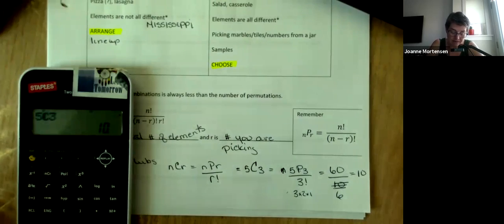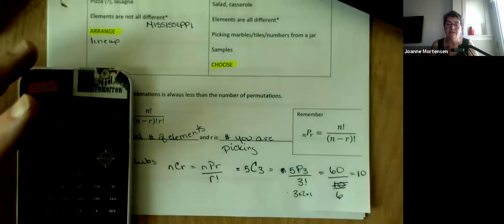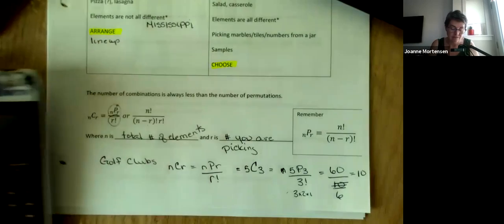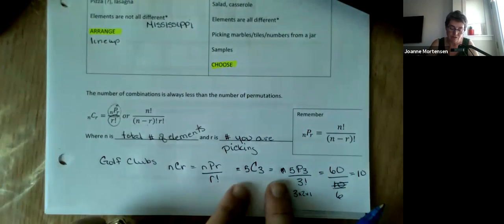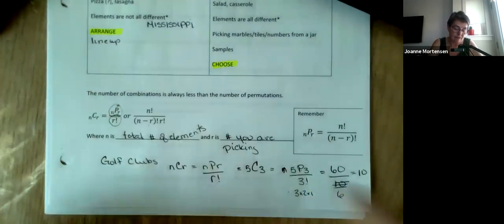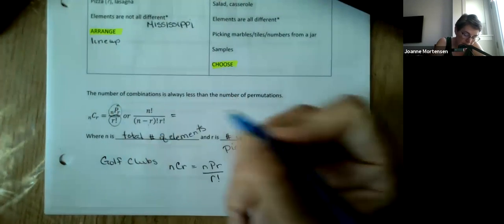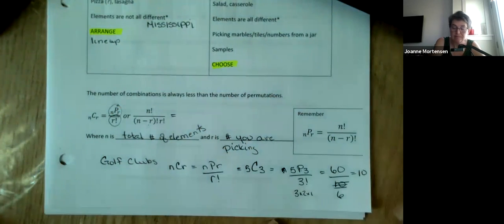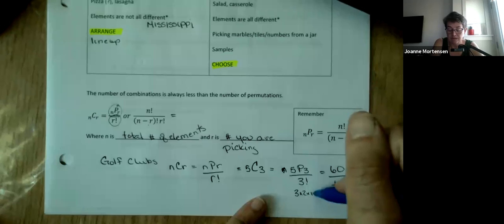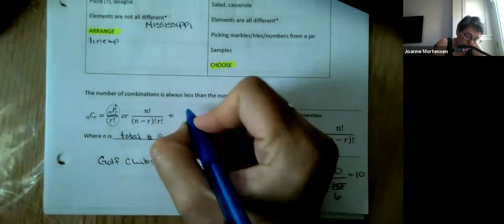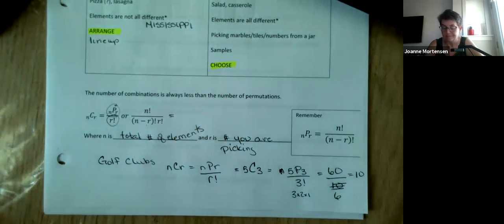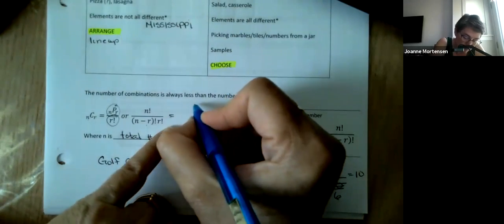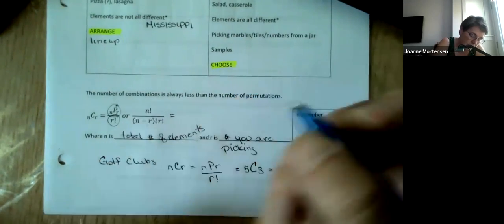Okay. The only thing I think I should do just to finish this up is show you what this would look like using the formula up here. Truth is, use your calculator. If you can't, you can always do this. So we're going to go 5 choose 3.